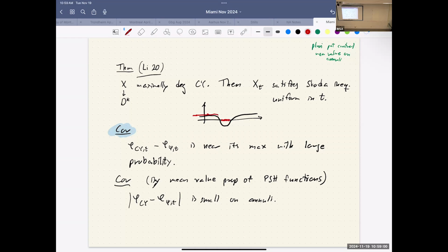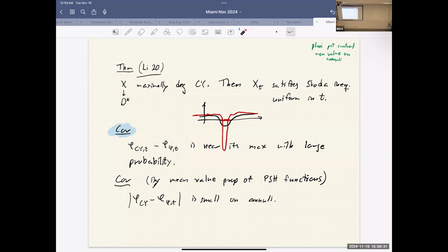In principle, it could deviate a lot here. So it cannot deviate so much on the actual analyte. And this is because, first of all, we have some control on this thing. We get this from the solution to the real Monge-Ampère equation.